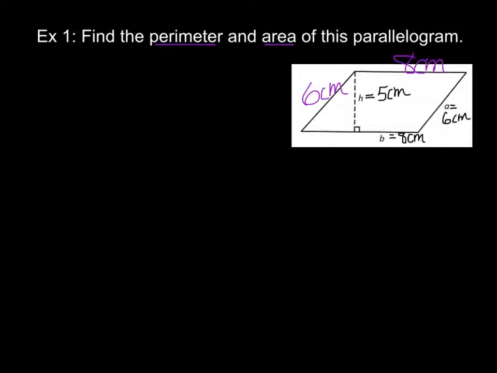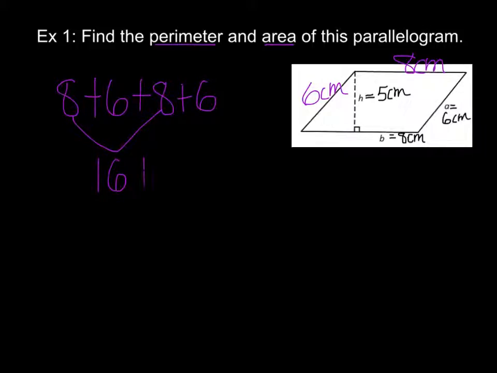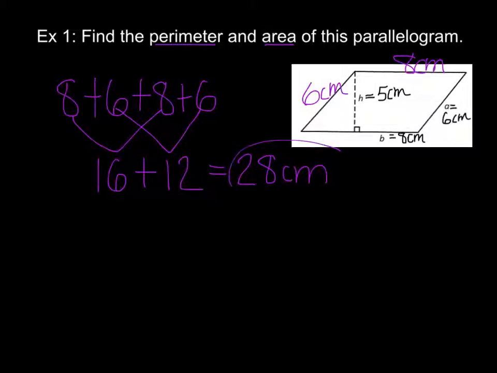Now we can go ahead and add all the sides. 8 centimeters plus 6 centimeters plus 8 centimeters plus 6 centimeters. If we add the 8s together, we get 16. If we add the 6s together, we get 12. Now all we have to do is add 16 plus 12. We get 28 centimeters for our perimeter.